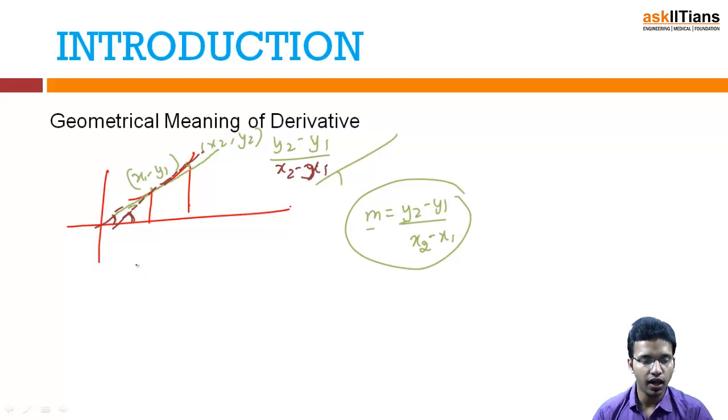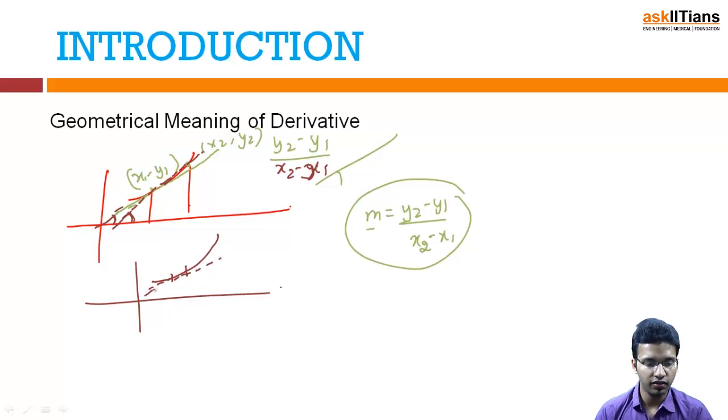Now what happens if I bring the point closer? Suppose like this. Now the actual slope is this, and this slope will also be very close. As the point is coming closer, this point is shifting towards this. You must have studied in limits that this is what limiting is.